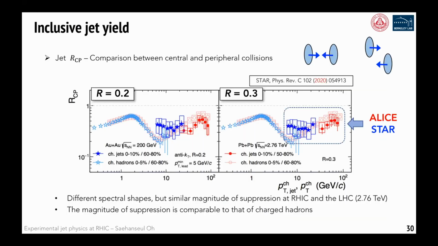What is quite interesting for me is that we are comparing here different energies, of course, which was probably the aim of this comparison, but we also compare completely different systems. I mean, gold and lead, this is very different.